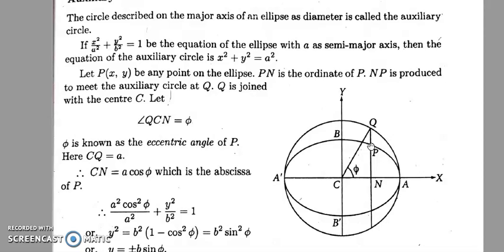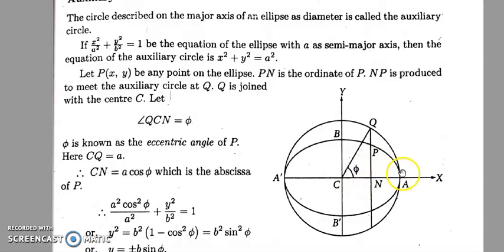So that will be a line PN, and produce the line to meet the circle, and join that point with the center of the circle. So that will produce an angle QCN. So that angle is called the eccentric angle of a given point P on the ellipse.